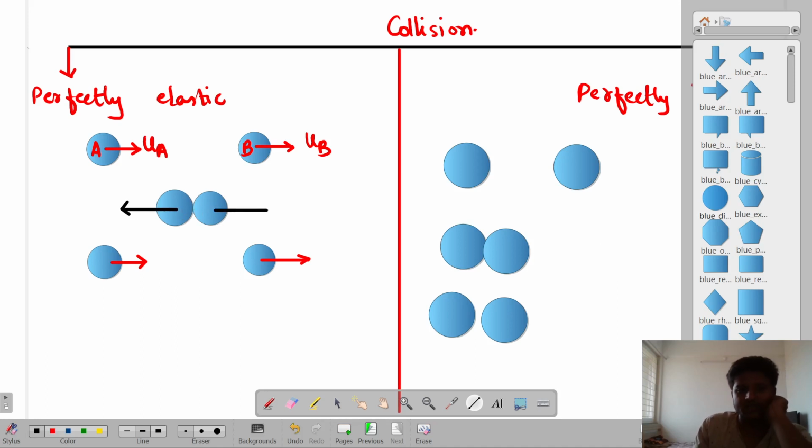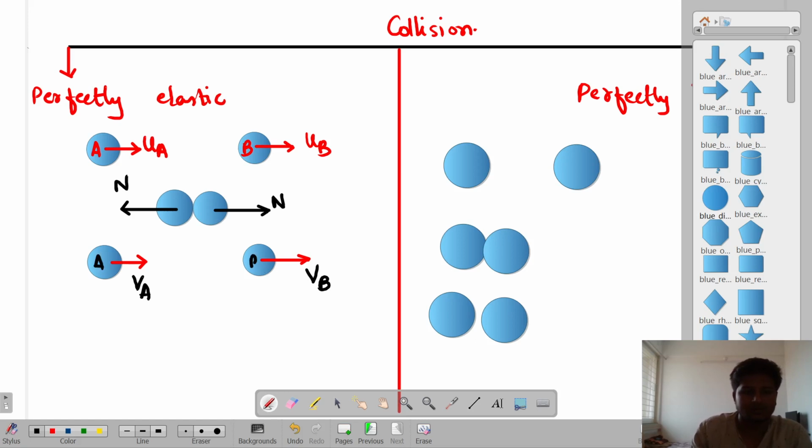So I'm not drawing the diagram of oblique collision, I'm just drawing the diagram of head-on collision. They got collided and the normal is present in this direction. What you will see is that finally these velocities are v of A and v of B.